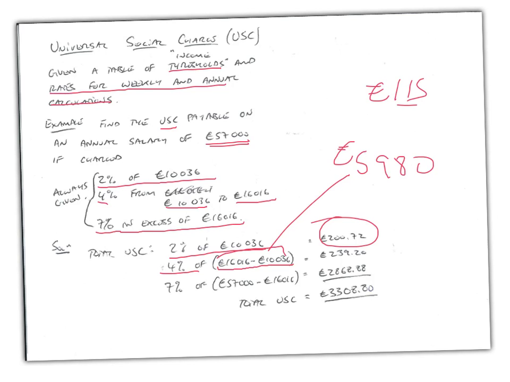Okay, so anyway, 4% of the difference of these, which is 5,980, is 239 euros and 20 cent, and then finally we get 7% of their salary minus this upper threshold of 16,016, and that gives us 2,868.88. The total USC is the sum of these three. That's 3,308 euros and 80 cents.